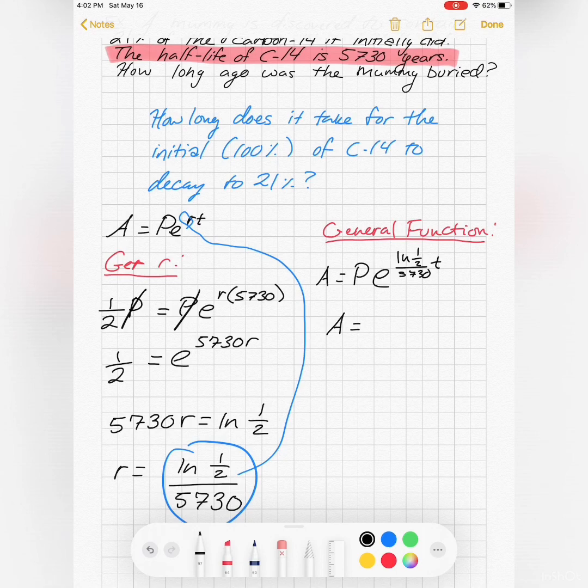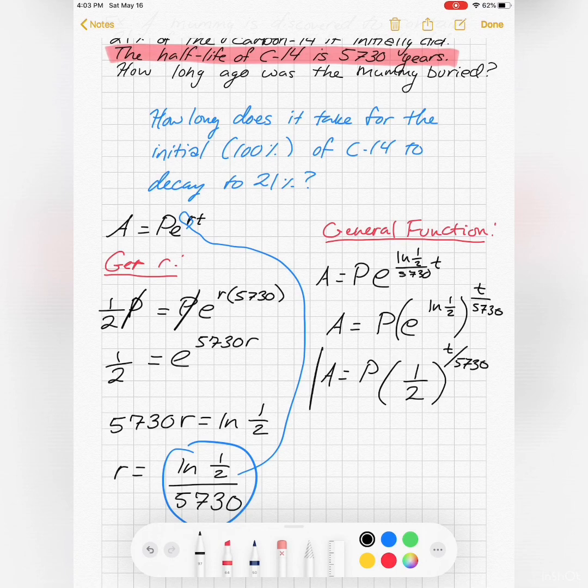Now notice here I don't actually know the initial amount, so I have to leave that as a variable P. Rearrange this as usual. Then I can cancel, and then I'll be left with this expression. So that's the best I can do without knowing the initial amount.